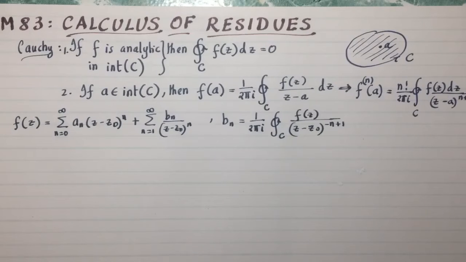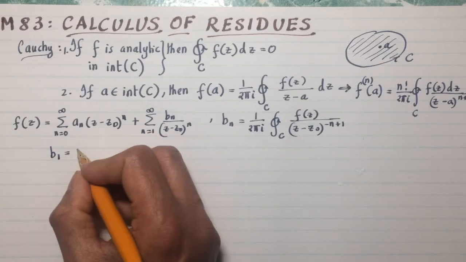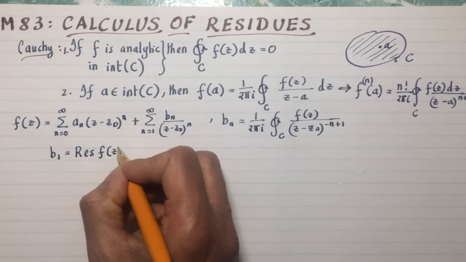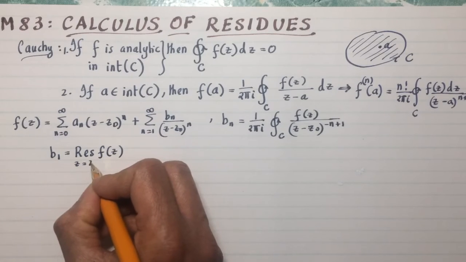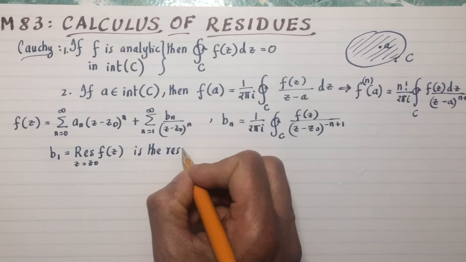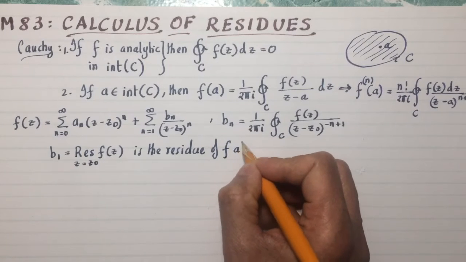Okay, so the quantity b_1 is extremely important, and b_1 is called the residue of the function f at z equals z naught. It's known as the residue of f at z naught.